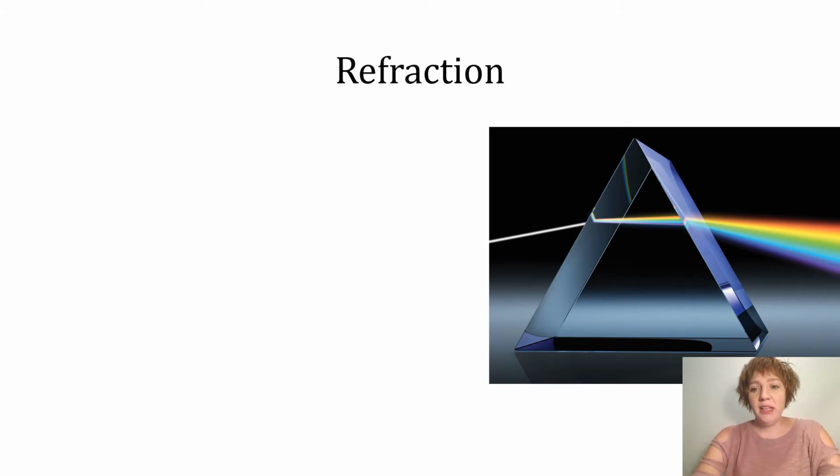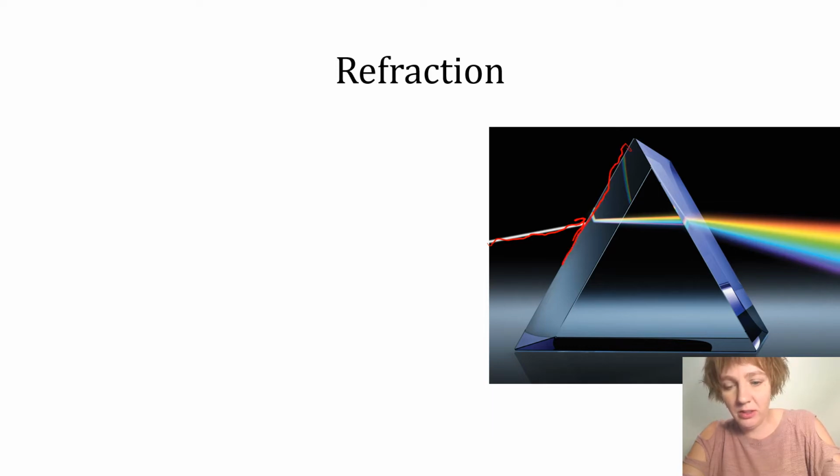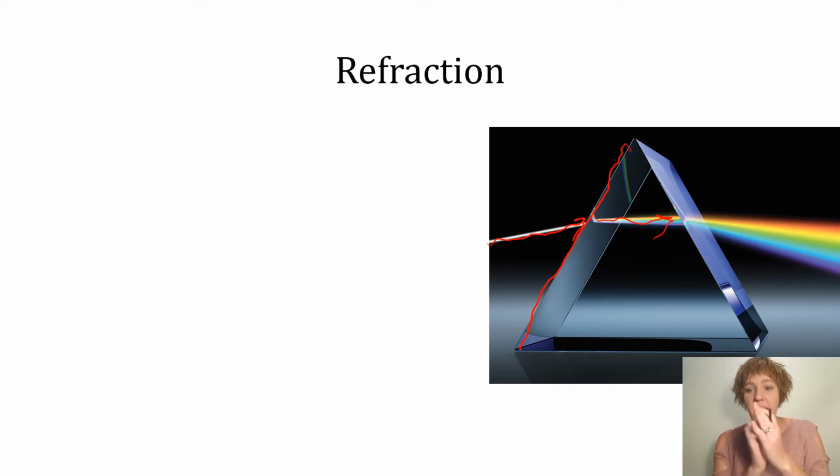When you have light hit another substance like a prism, you are going to have an incident ray. The incident ray in this image is this one coming in and being incident on this surface, causing it to bend a little bit. In the case of light, different wavelengths of light bend at different angles, which causes that light to spread out.